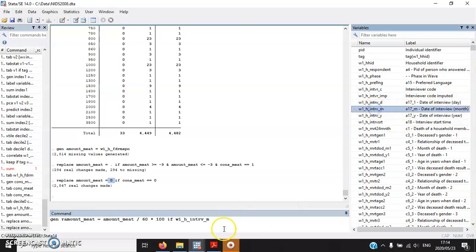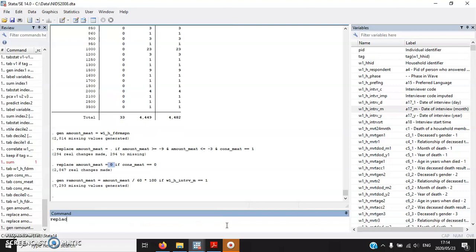So this one, right at the beginning of the data set. Okay, replace real consumption. I will do it up to March, then we can run the do file.